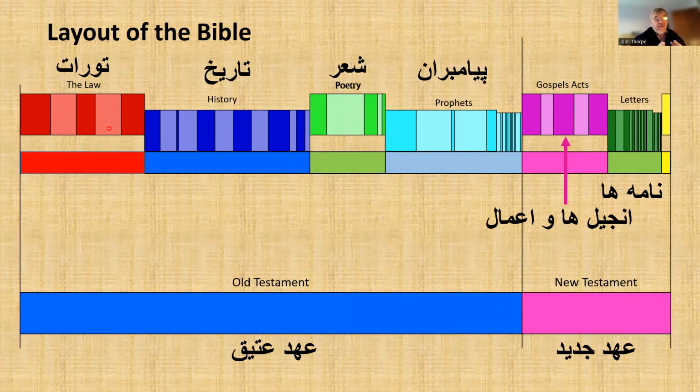If you look at the size of the block, that's about the same as the number of pages it would have in your Bible. So the biggest book is Mazamir, Psalms.